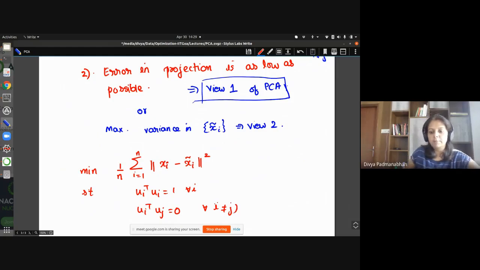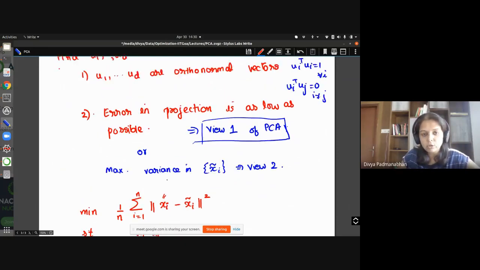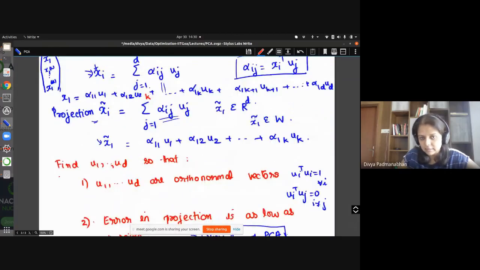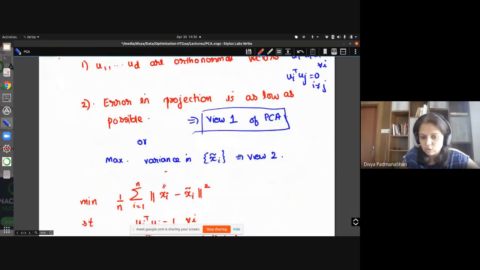To be more clear, xi is going to be the summation over j equals 1 to d of alpha ij uj, and xi tilde is going to be the summation over j equals 1 to k of alpha ij uj.